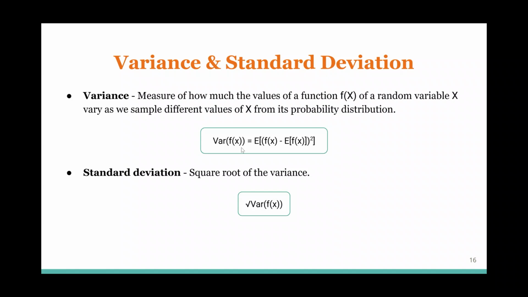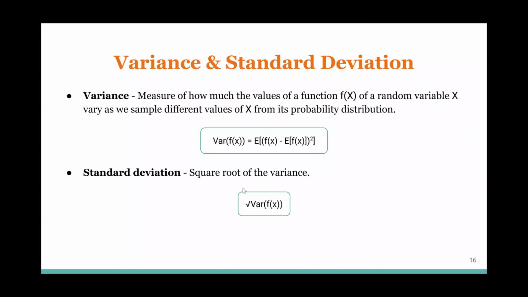And this is the formula for variance. Expectation, variance, and all of these are derived from the moments of the distribution, where you're taking squares and cubes of the variables, like the functions here.